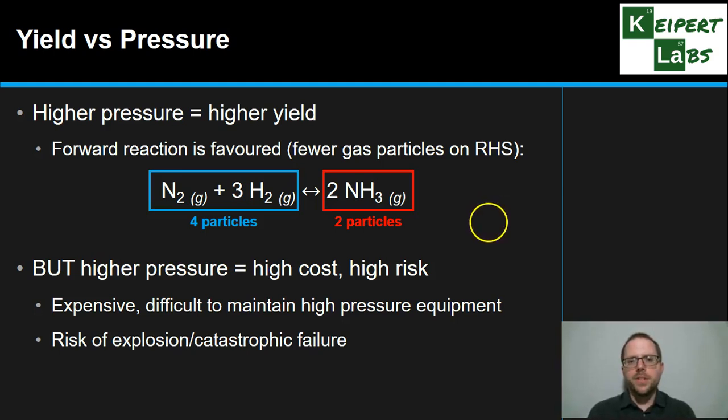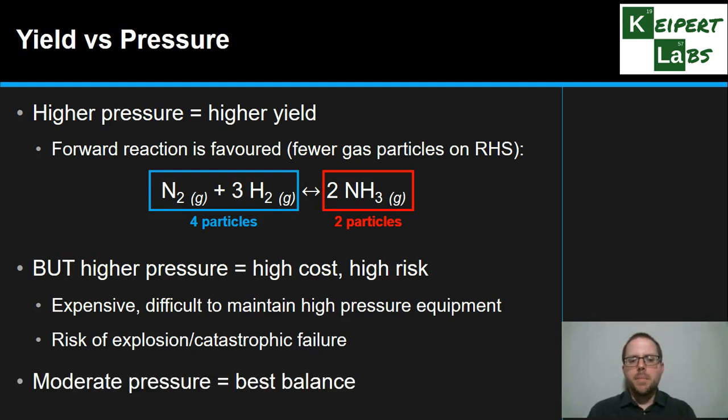And so it's important for us to recognise that this is not without downside. But if we take the same sort of principle that we did before and say, all right, how about a moderate pressure? So we get the best balance of yield versus practicality, that is cost and risk. Okay, because there's not a great deal of point setting up a plant like this if it's going to be extremely expensive and extremely dangerous.